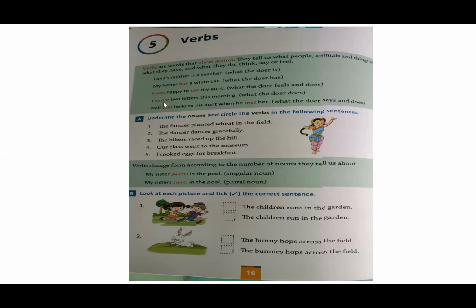I wrote two letters this morning. Now, in this sentence, the verb is wrote. What the doer does. What did I do this morning? I wrote a letter. Now, here there are mixed verbs, children. Some are in present tense, some verbs are in past tense. Okay? Neil said hello to his aunt when he met her.